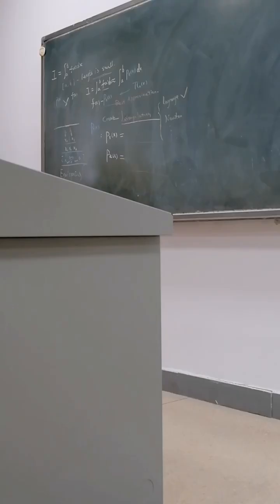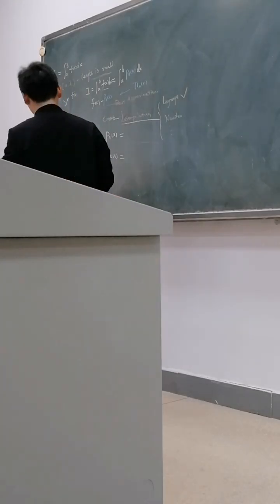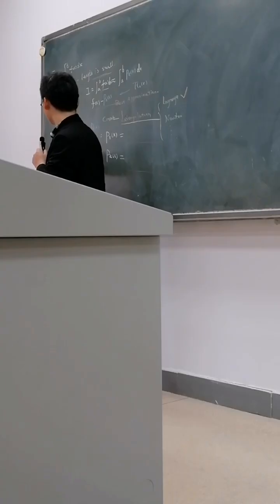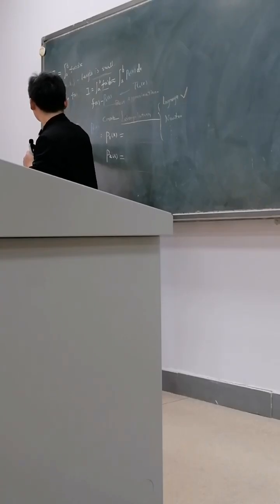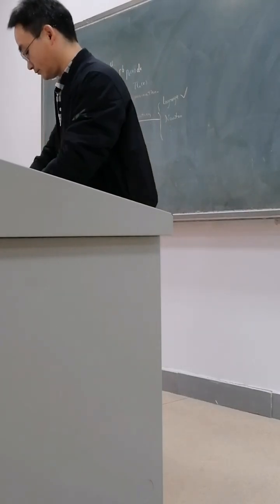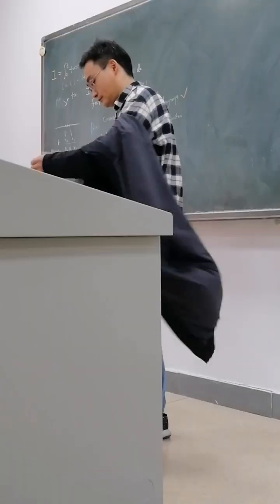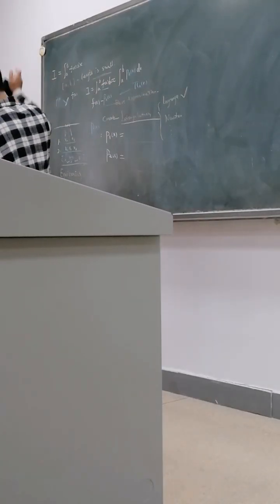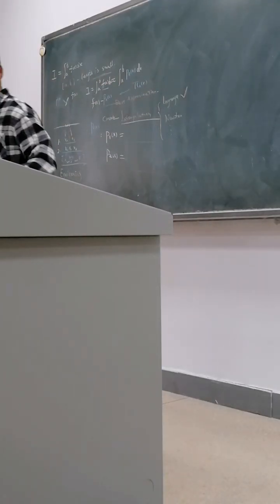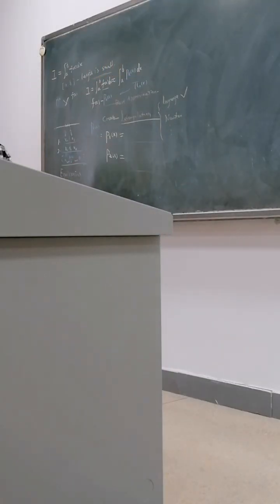Usually we may choose this kind of partition. That is, x0 is here, x1 is here, x2 is here. So if we do the partition like this, we may directly write the formulation of this P1 and P2.